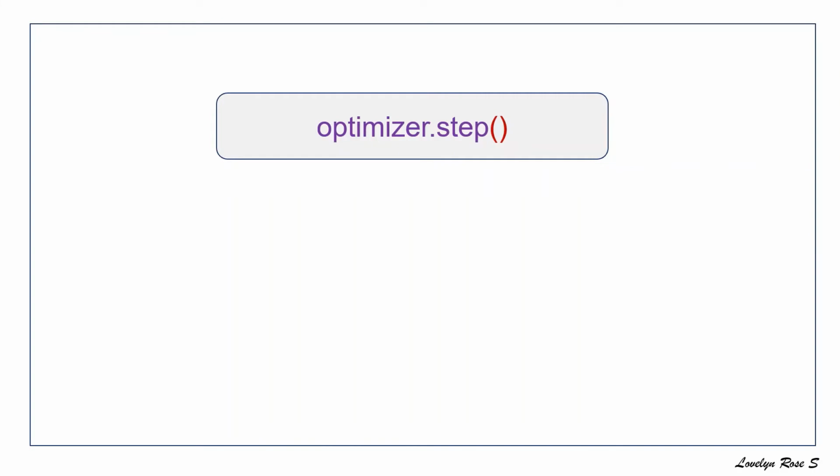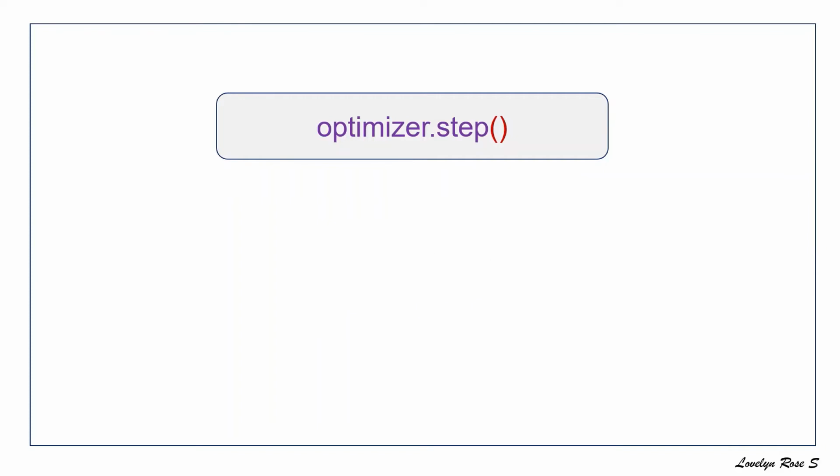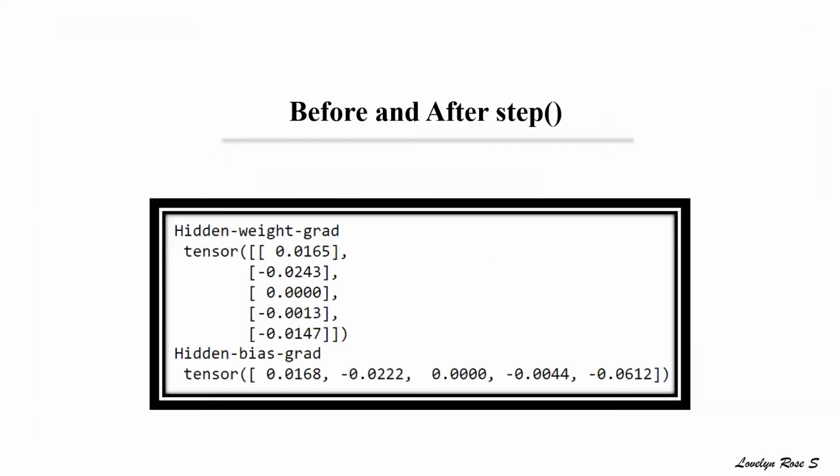Now that we have calculated the gradient of all the parameters of all the nodes in the architecture, we now need to update the weights. To update the weights, we make use of optimizer.step. Before and after the step function, the gradient remains the same. There is no change in the gradient. We do not touch the gradient at all.